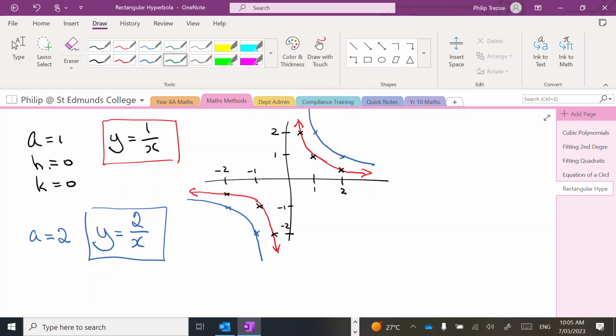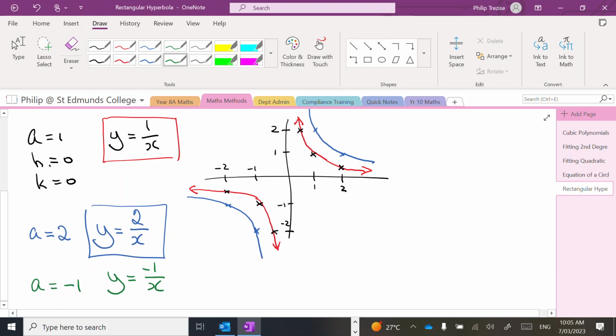Do I have green? I'm going to try a equals negative 1. So I have the formula y equals negative 1 over x. Compared to the original red graph, look at the y-coordinates: every point, multiply them by the value of a, negative 1. So instead of the value 2 there, I would be at negative 2. Instead of positive 1, I'd be at negative 1, and instead of a half, I'd be at negative a half.